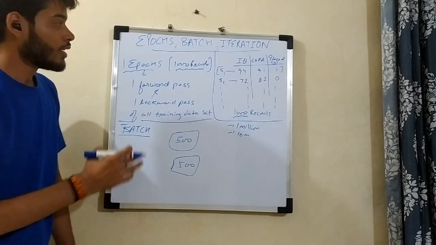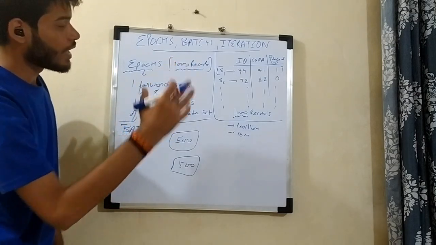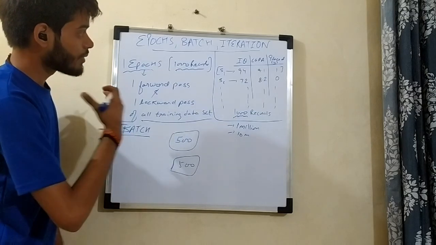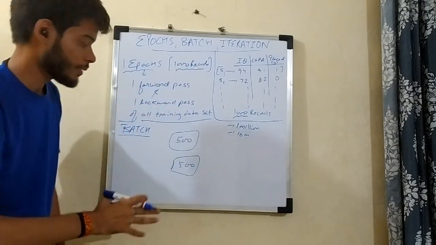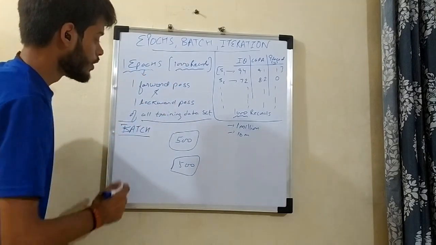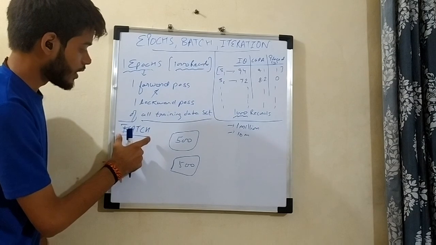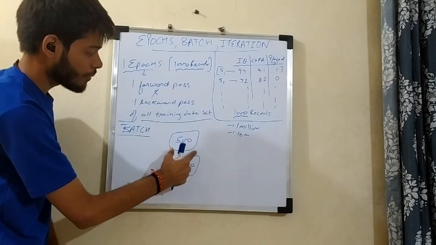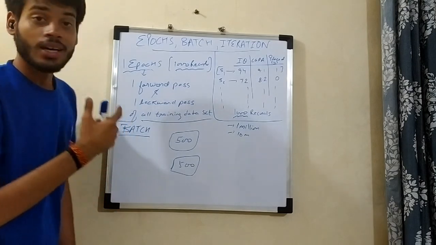Okay, so for iteration, I'm taking a single example of these 1000 records to explain all three concepts. Suppose you want to complete one epoch on these 1000 records. As we discussed, we'll divide these 1000 into small packets of 500, which is a batch.